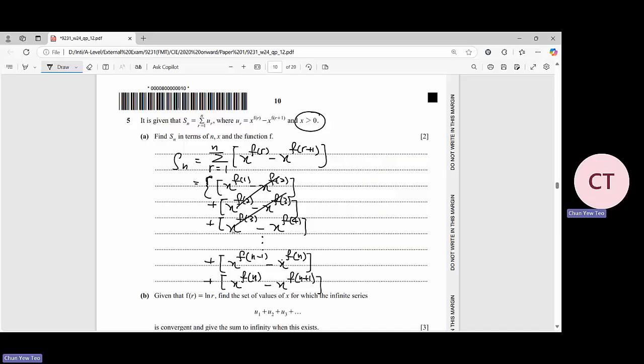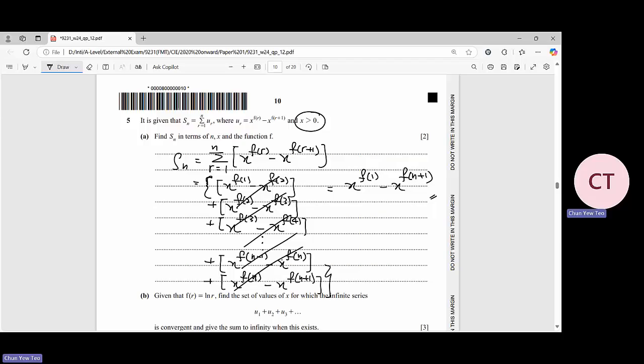So you can see the pattern: they cancel in such a way that at the end, this equals x^(f1) minus x^(f(n+1)). That will be the answer for part A.